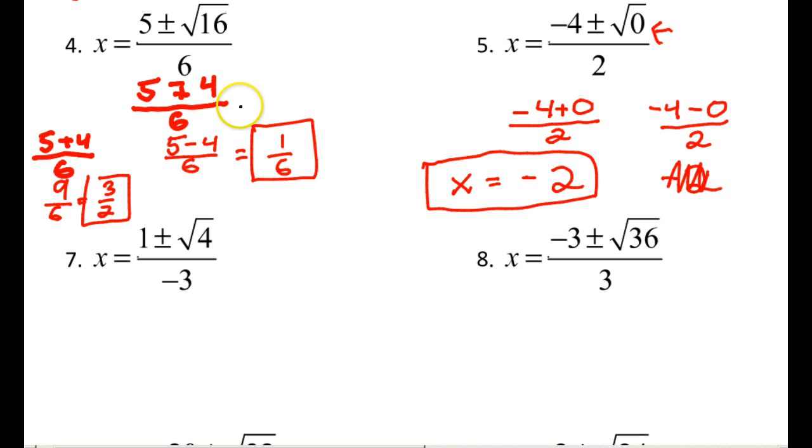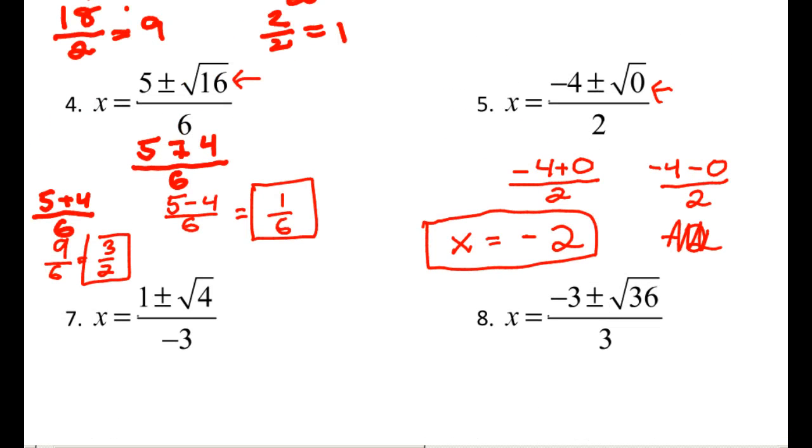So it's possible to have two answers. If this is a positive number, you'll get two answers because you'll go up a little and down a little. But if this is 0, you're not going to go up and down at all. It's going to be the same number. You just have to list it once. And in the case that this comes out to a negative, there won't be an answer at all because you can't take the square root of a negative.